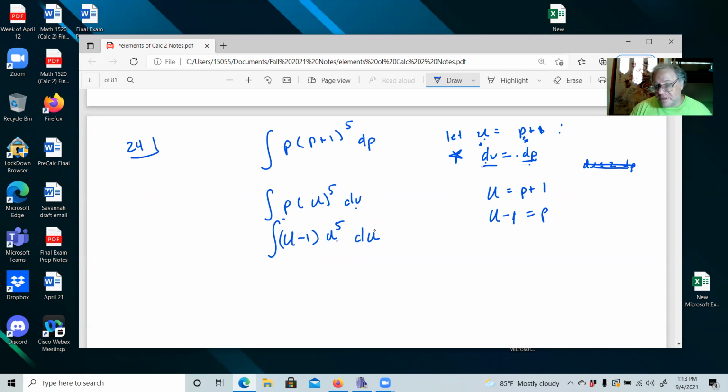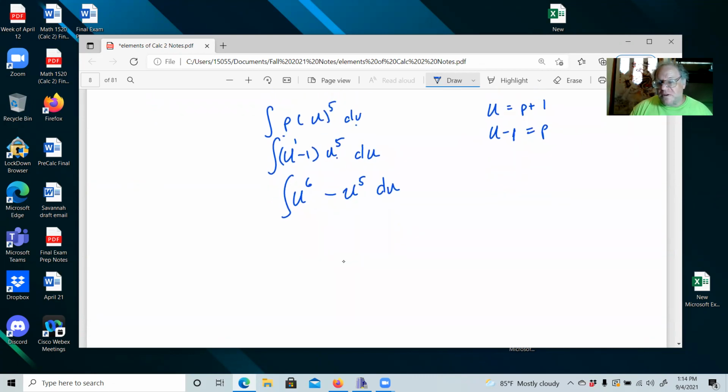Can I distribute this? You bet I can. Remember, the bases are the same, so we add the exponents. It's going to be u to the 6th and u to the 5th, integral du. Again, this is another problem where after I made the substitution, it was easy.